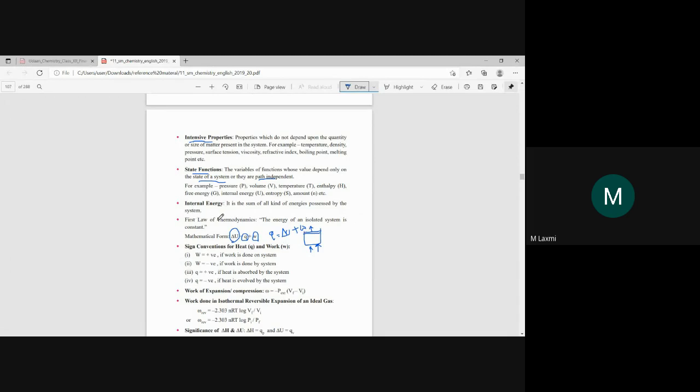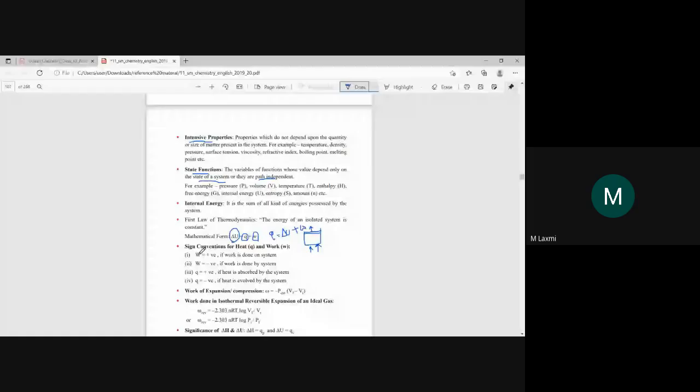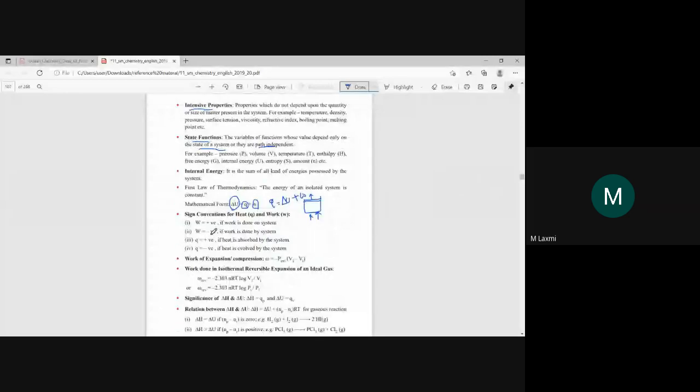So the first law of thermodynamics states that the energy of an isolated system is a constant. The heat energy supplied to the system is used to bring a change in internal energy, and also work is done by the system. Now the sign convention. When W is positive, work is done on the system. When W is negative, work is done by the system.